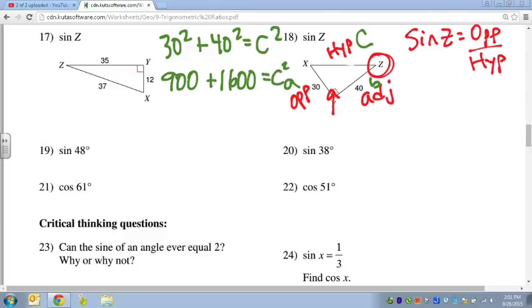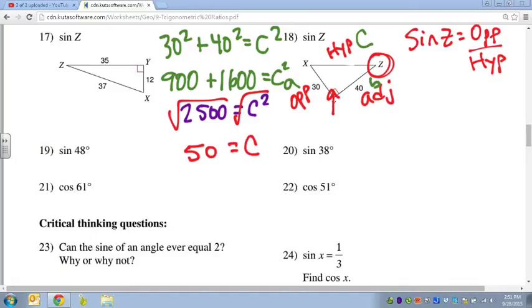That equals C squared, and 900 plus 1600 is 2500. If you take the square root of that, hopefully you know 2500 is a perfect square, which works out to be 50, because 50 times 50 is 2,500. So the hypotenuse is 50, but again, we already knew that.